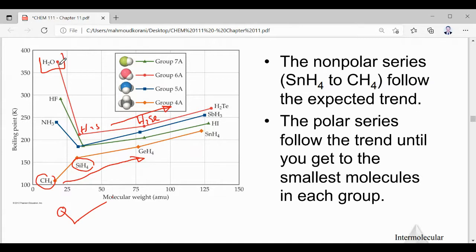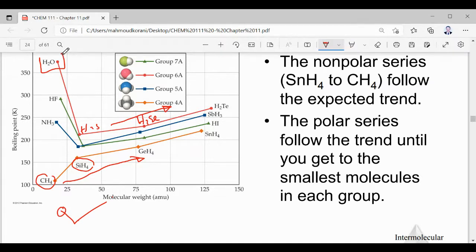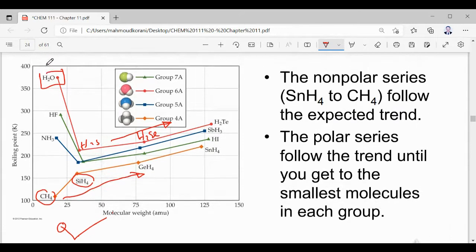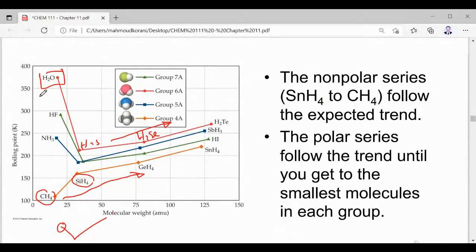So the polarity causes a dramatic anomaly in the behavior and increases the boiling point. As you see, this is the boiling point, and the higher boiling point of water is attributed to the hydrogen bond.